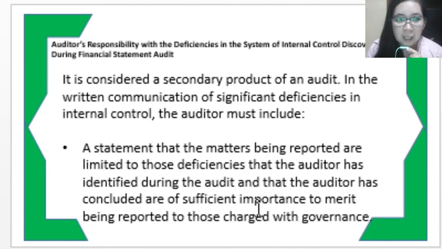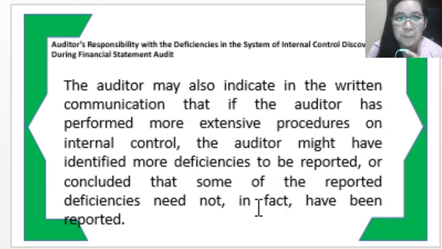Another is a statement that the matters being reported are limited only to those deficiencies that the auditor has identified during the conduct of the audit, and based on his professional judgment, he concluded that these are of sufficient importance to merit the attention of those charged with governance or the management.